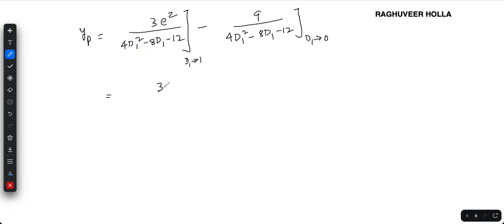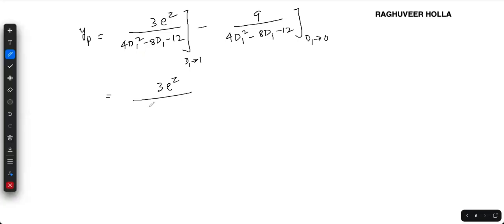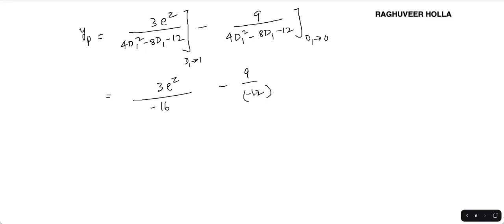So this is 3 e to the power of z divided by 4 minus 8 minus 12, which is minus 16, and this would be minus 9 divided by 0 and 0 and minus 12, which is minus 12.